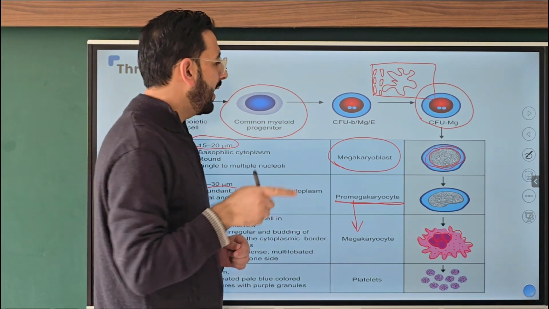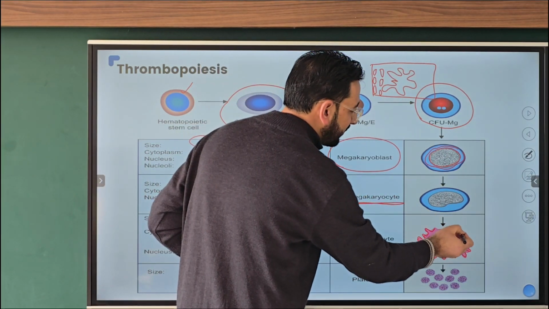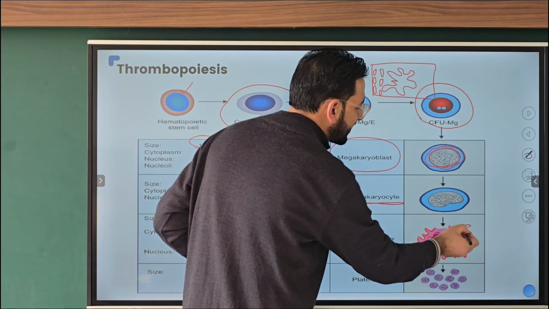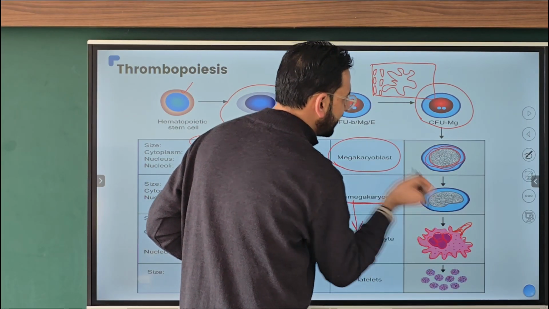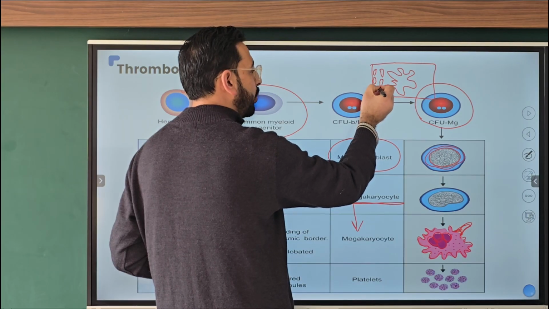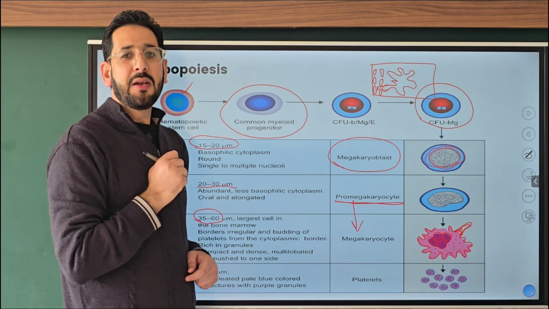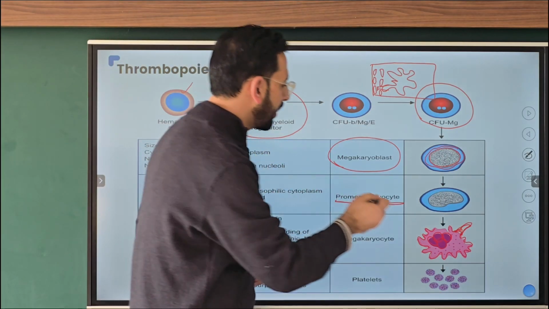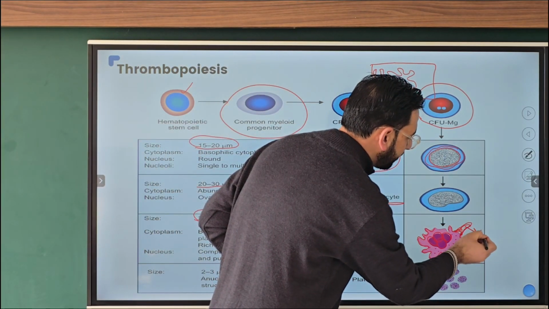Now what will happen is that these extensions will increase in size, and they will go through these gaps, these sinusoidal gaps. Now these extensions are called proplatelets.